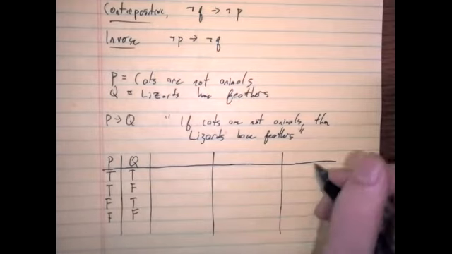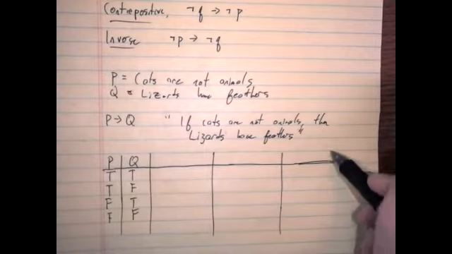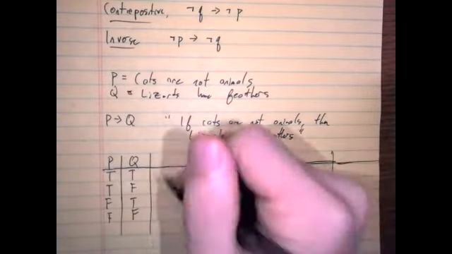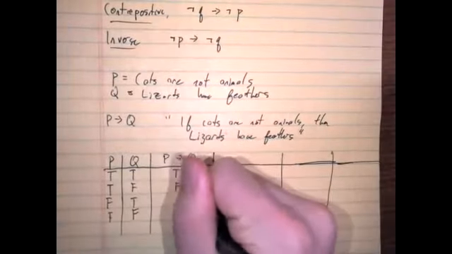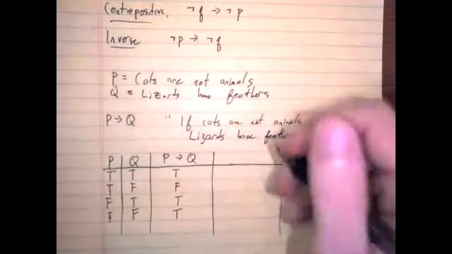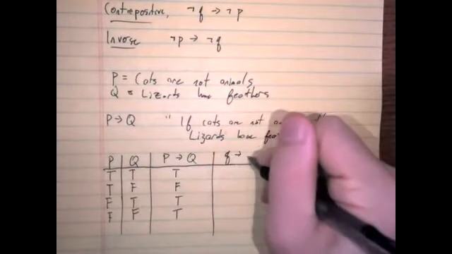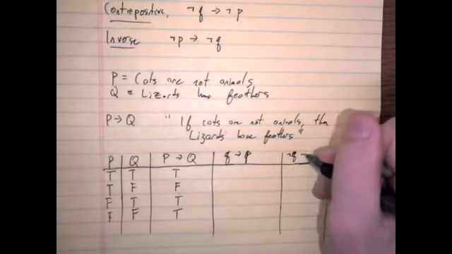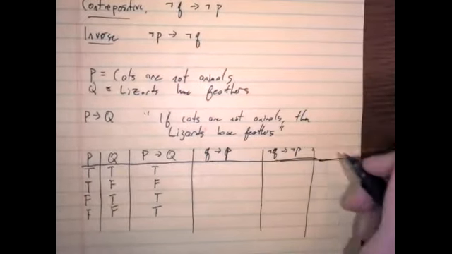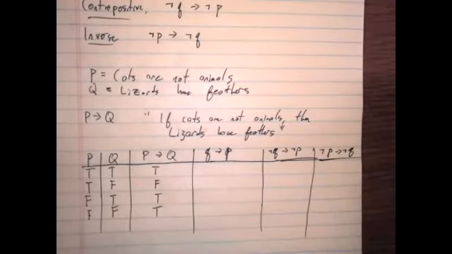Okay, so what I would like for us to do is fill in a truth table with these different propositions. So P implies Q, we already know. True, false, true, true. But then I'd also like for you to fill in the truth tables for the converse, Q implies P. For the contrapositive, not Q implies not P. And for the inverse, not P implies not Q. So I'll give you a couple minutes to complete this.